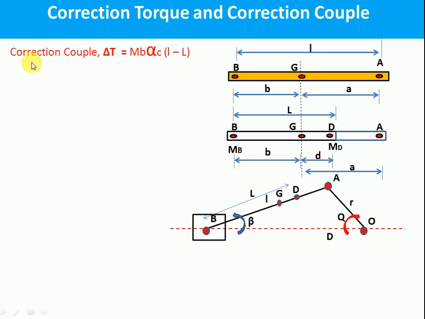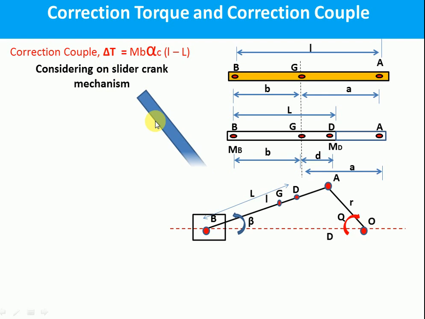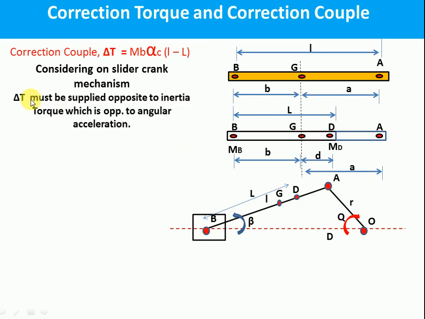And we know that correction couple delta T is equal to m b alpha c into L minus L, as we have just derived. Now consider this slider crank mechanism. This correction couple will be due to two equal and opposite parallel forces at points B and A, that is, delta T must be supplied.